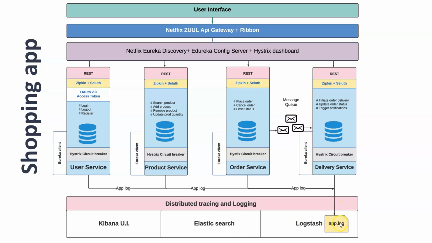Logstash will read the logs from the application log, convert them into a JSON format, and pass them to Elasticsearch. Elasticsearch, which is again a server that provides search and analyze capability, then passes the data to Kibana. Kibana is a front end, a dashboard where you can see the logs in a more visualized manner.